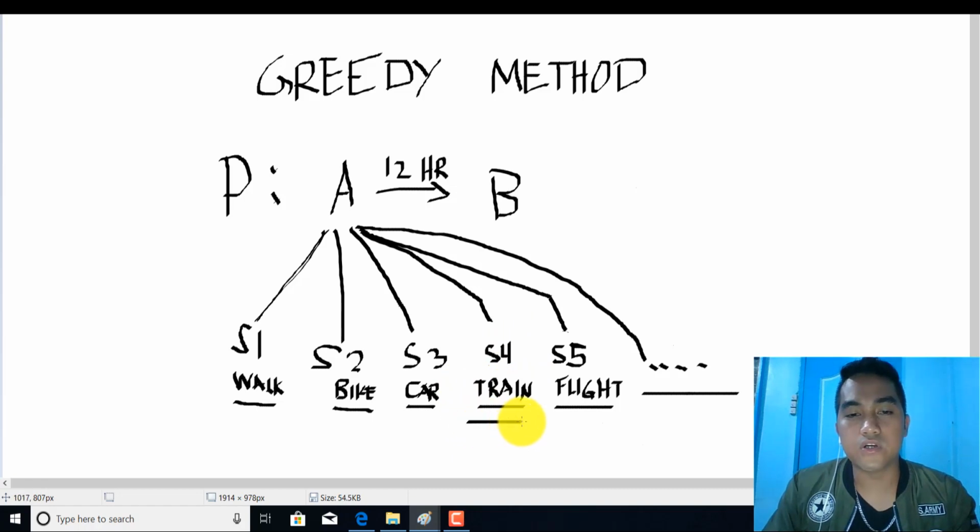One of the solutions for this problem is traveling by train or by flight. Given these solutions, this is what you call feasible solutions. Feasible solutions are those solutions which satisfy the given constraints.